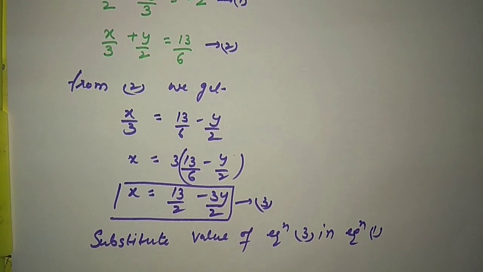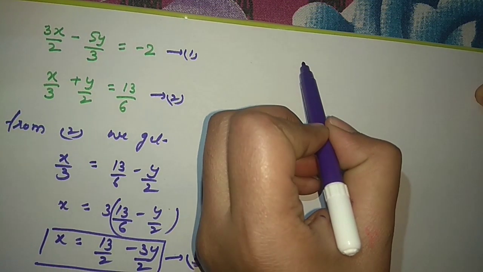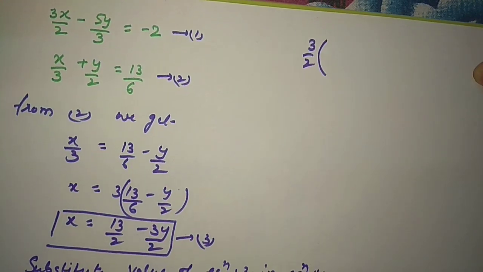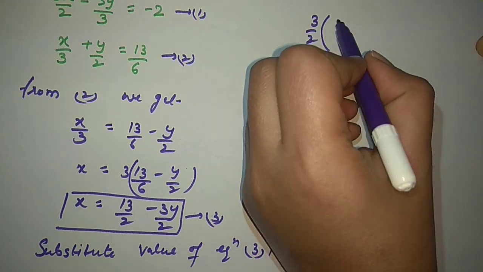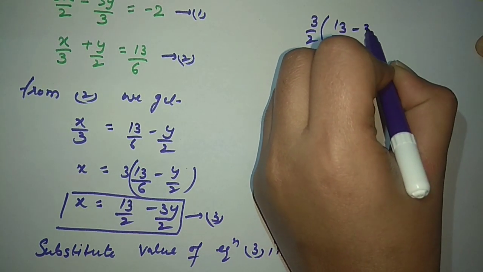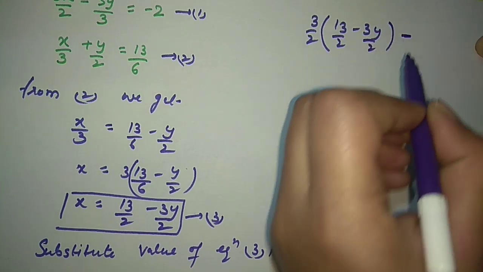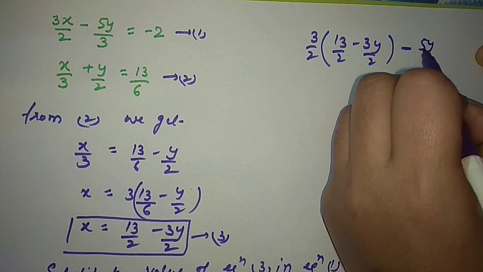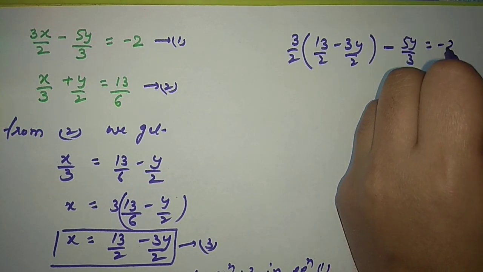So what do we get? 3 as it is, 3 by 2 as it is. Value of x is 13 by 2 minus 3y upon 2 minus 5y upon 3 is equal to minus 2.